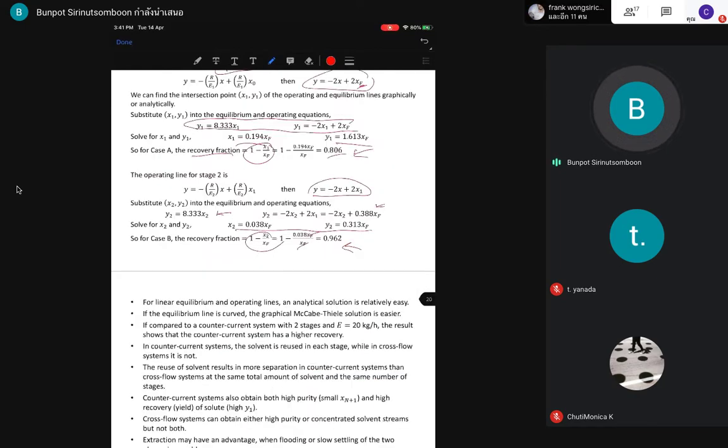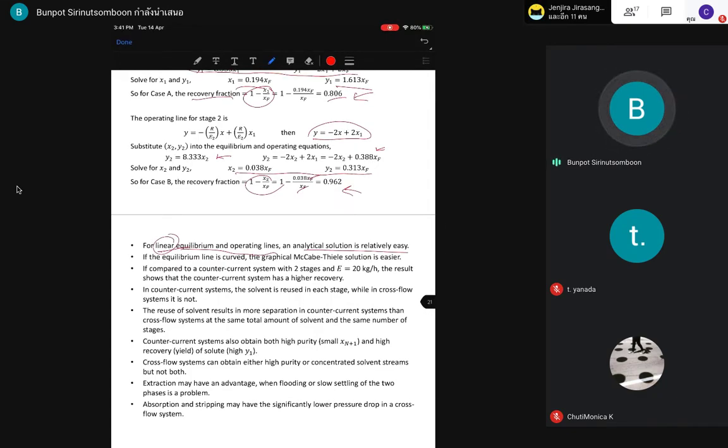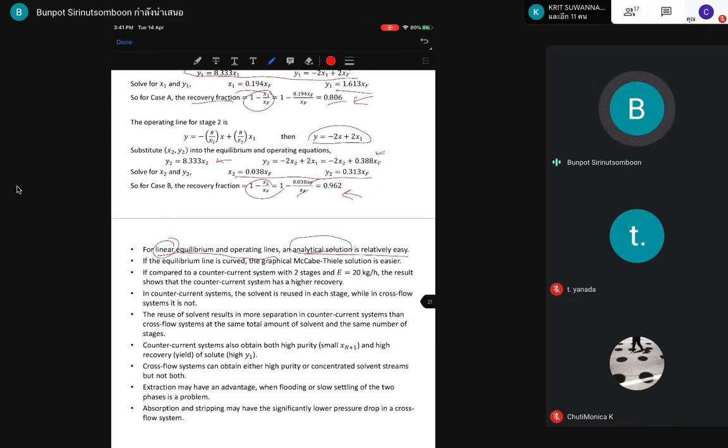For linear equilibrium and operating lines, the analytical solution is easy because when they are linear, they are straight lines. So if your problem has linear equilibrium and operating lines, you can use the analytical solution, meaning you don't have to use a graphical technique.